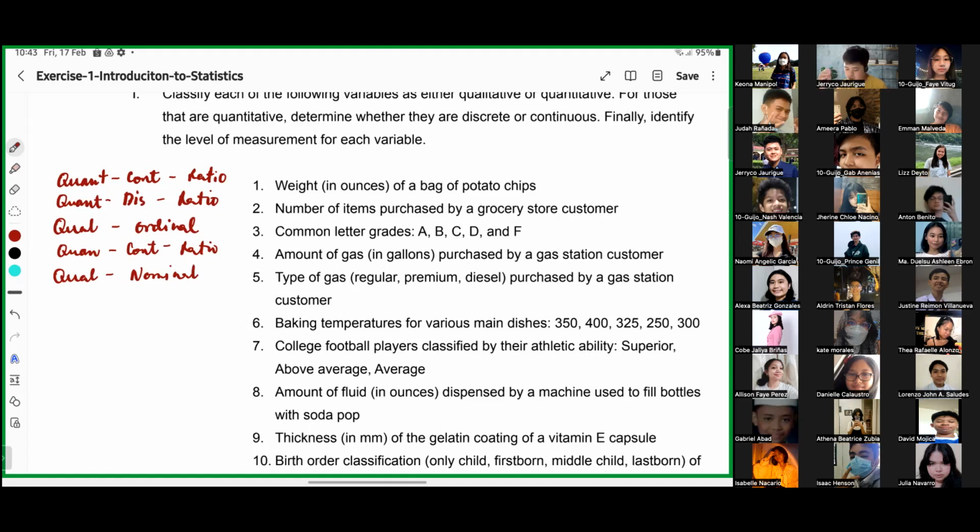Tapos yung premium naman, siya yung 95 pataas. Kung may sasakyan kayo na gas, yung mga sedan na hindi pang racing, usually you can put regular, pwede rin kayo mag-premium, kasi parehas naman silang unleaded gasoline. So, we put this variable under nominal.